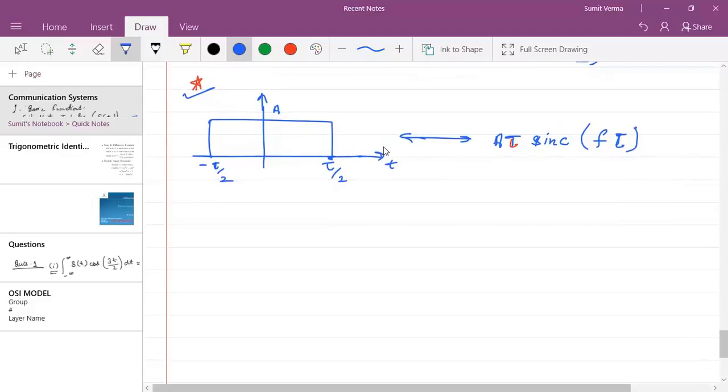Now you can use the duality property here also. Instead of this being in time domain, this is your time domain here. This was a Fourier transform, so this is your frequency domain.